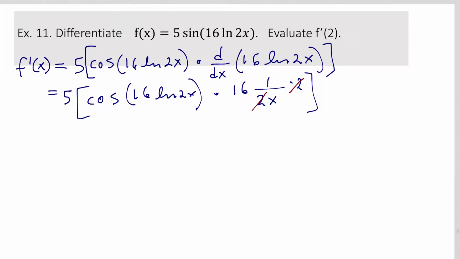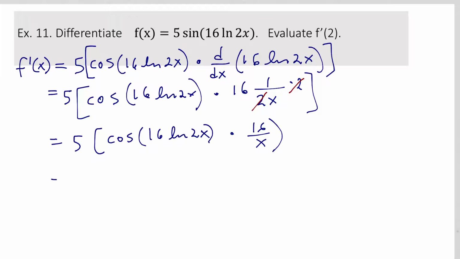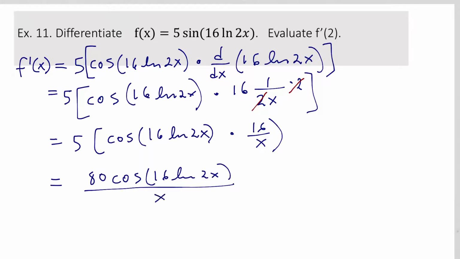So we've got 5 cosine of 16 natural log of 2x times 16 over x. So that's 5 times 16, that's 80 cosine of 16 ln of 2x with an x in the denominator. All right, so this is f prime of x.